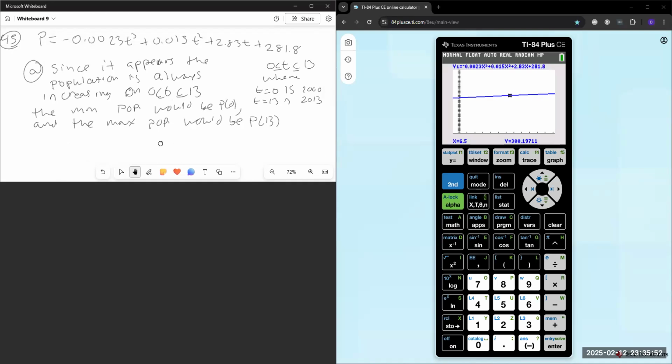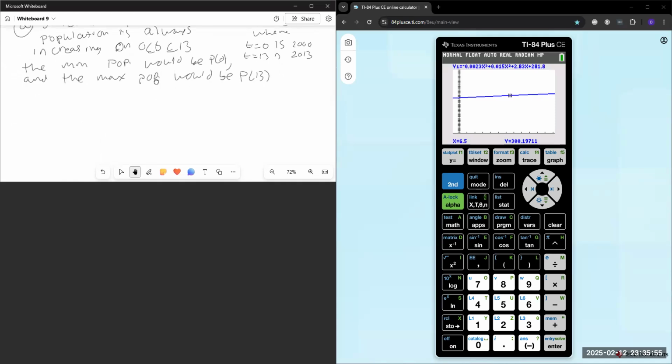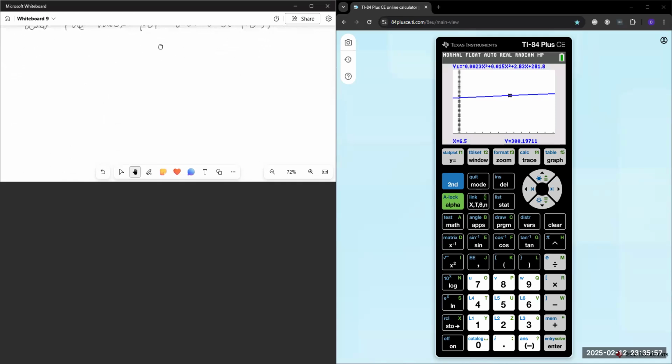Analytically, we're going to take the derivative here. So giving myself a little bit of space, that means P prime is equal to negative 0.0069t squared plus 0.030t plus 2.83.